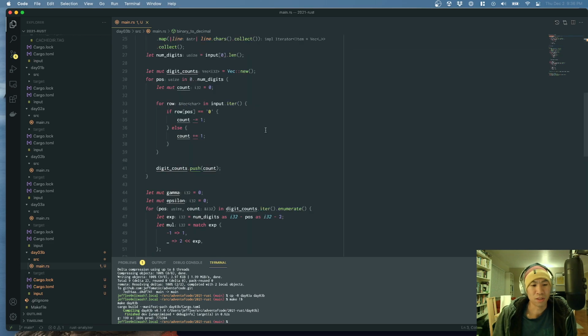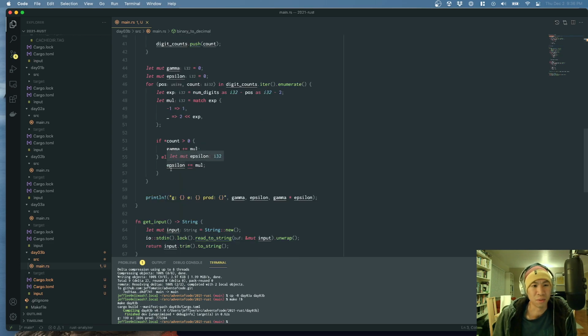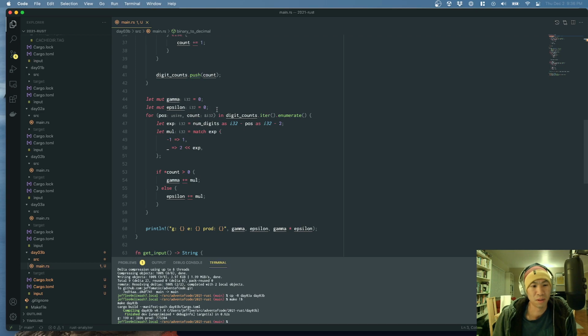Okay, so now let's try. Okay, this is a little bit more complicated now. So what gamma and epsilon become are vectors. This is complicating the program quite a bit. Gamma binary is a vector of bools.